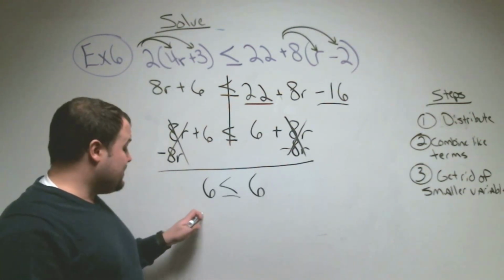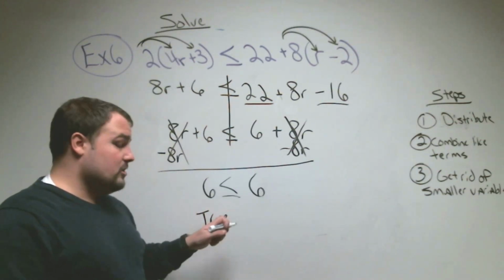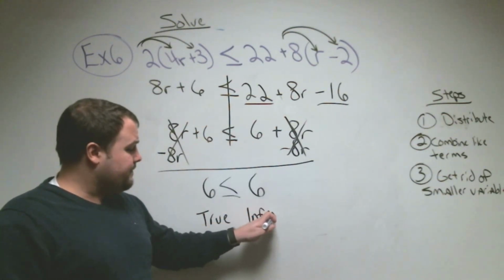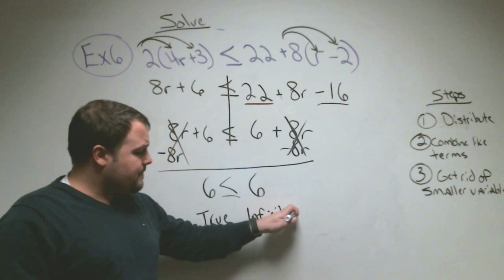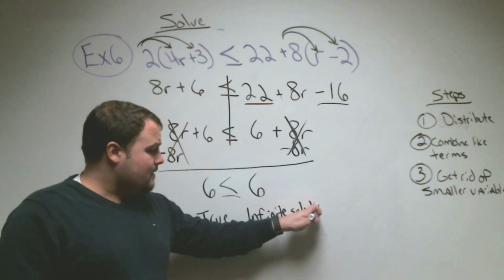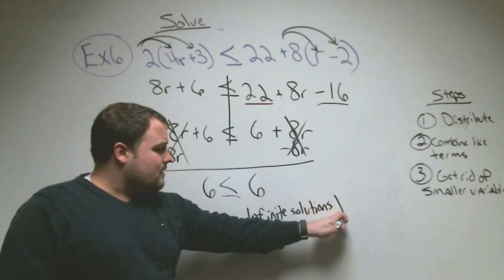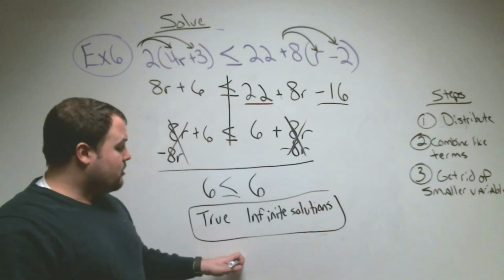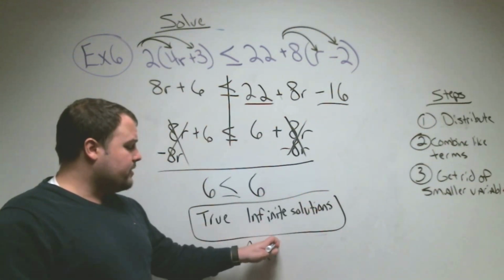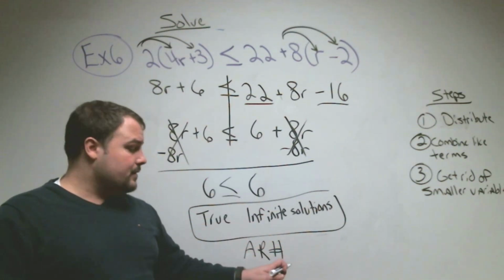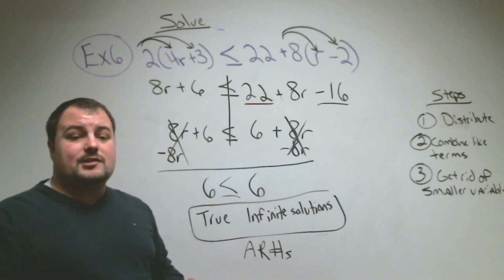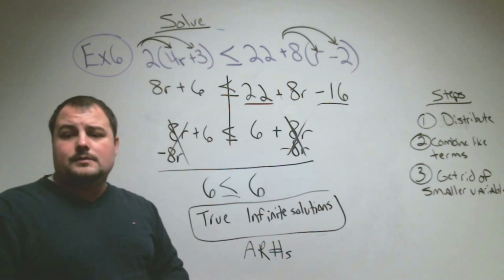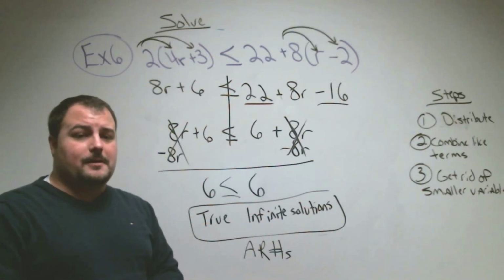Since that's a true statement, instead of it being no solution, this has infinite solutions. So since it's true, it's infinite solutions. Now you could say that the answer is also all real numbers, because infinite solutions mean that you can use any number that is real. Alright, and that's the answer to this problem.